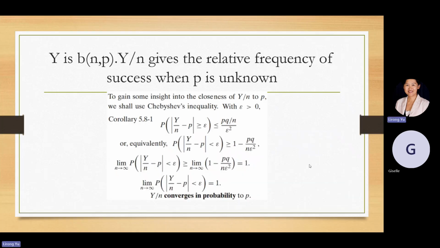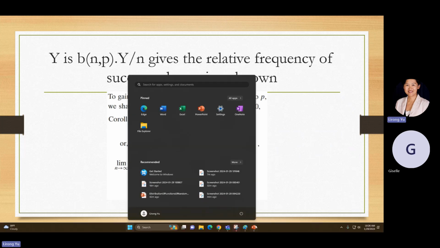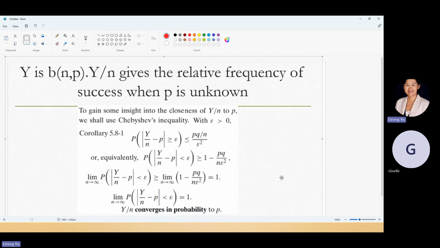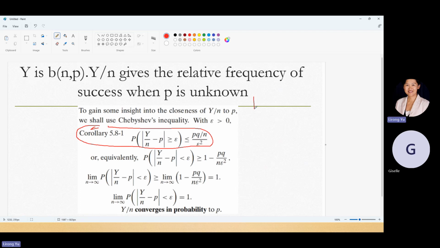When p is unknown, when the percentage is unknown, we often use Y over n to approximate the underlying percentage. What's related to the Chebyshev theorem is this part. I guess we should mention the Chebyshev theorem one more time.